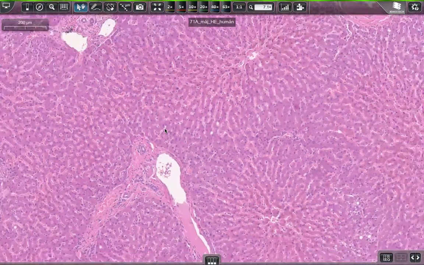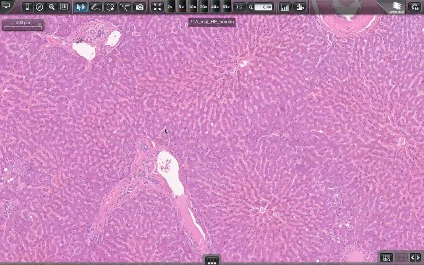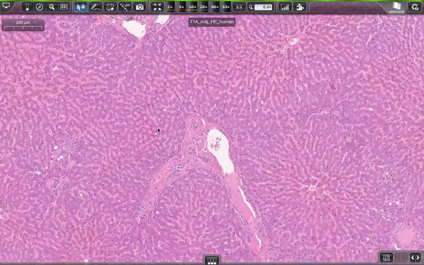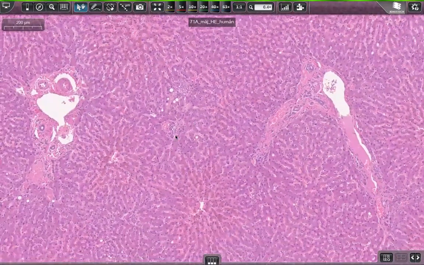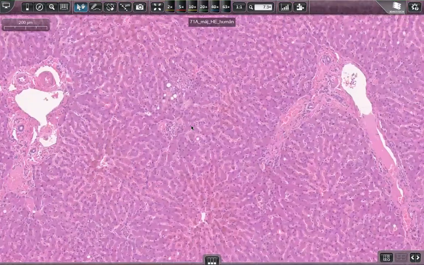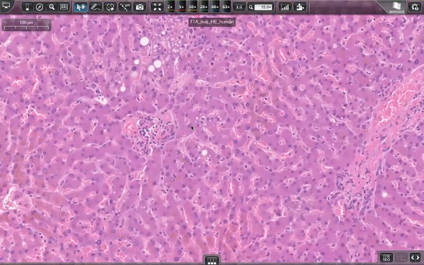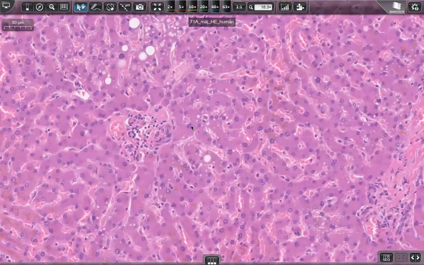That is also lined by simple cuboidal epithelium.